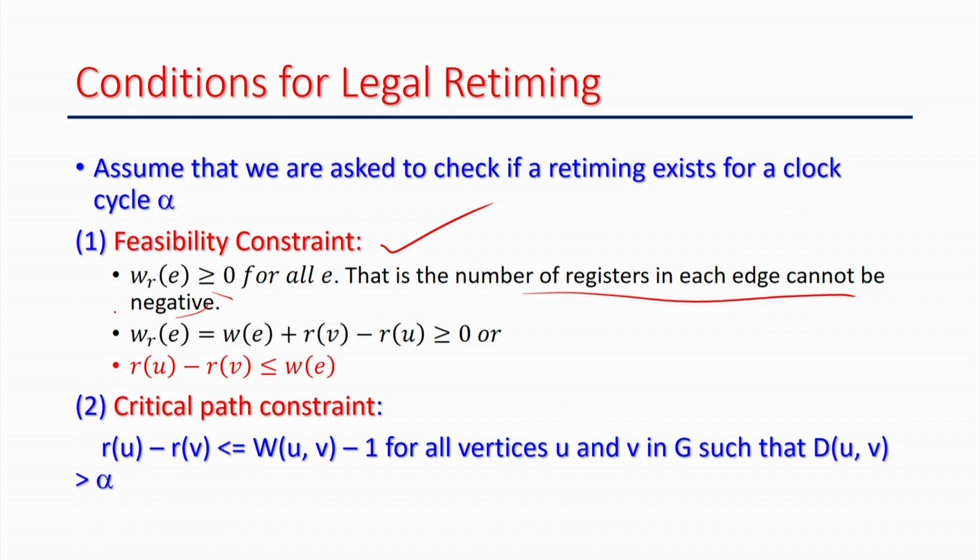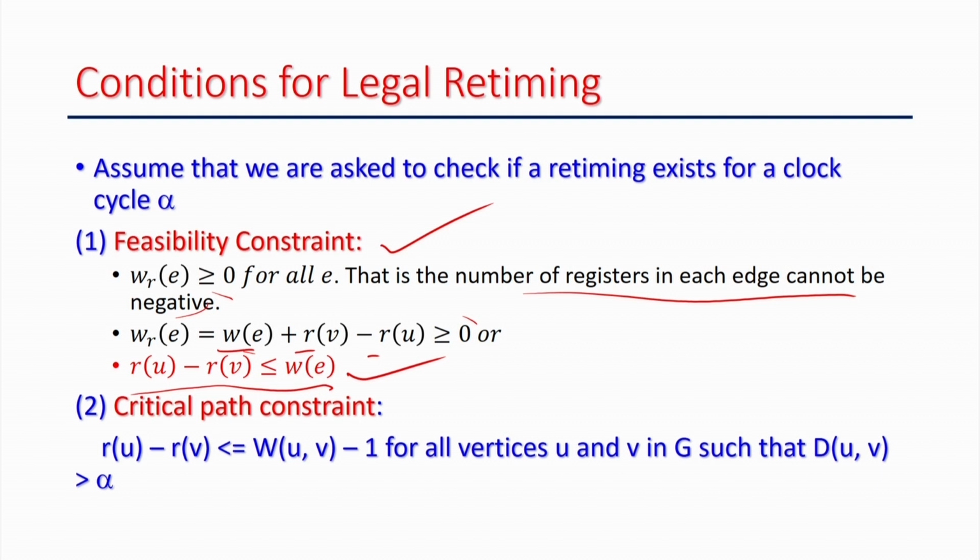So, after retiming, it should be greater than or equal to 0, which is W r greater than or equal to 0, which is nothing but W of E plus R V minus R U greater than or equal to 0. So, if you just rewrite this, put W this side, you will get this equation. Okay. R U minus R V less than or equal to W of E. So, this is for each edge, which is called the feasibility constraint.